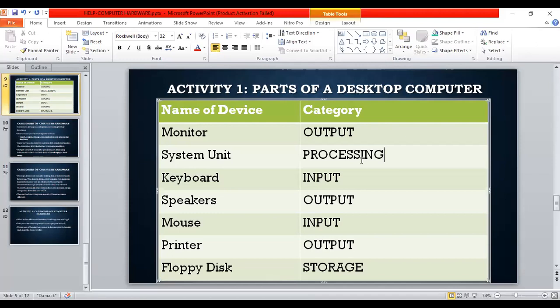Probably the output would be on the monitor, through the speakers, through the printer.